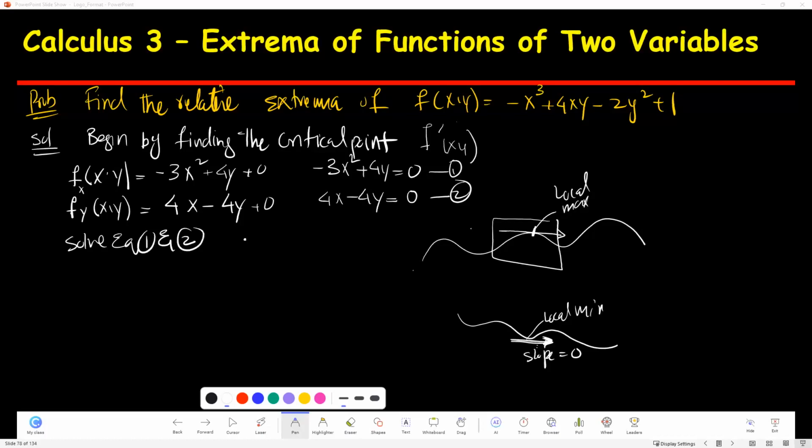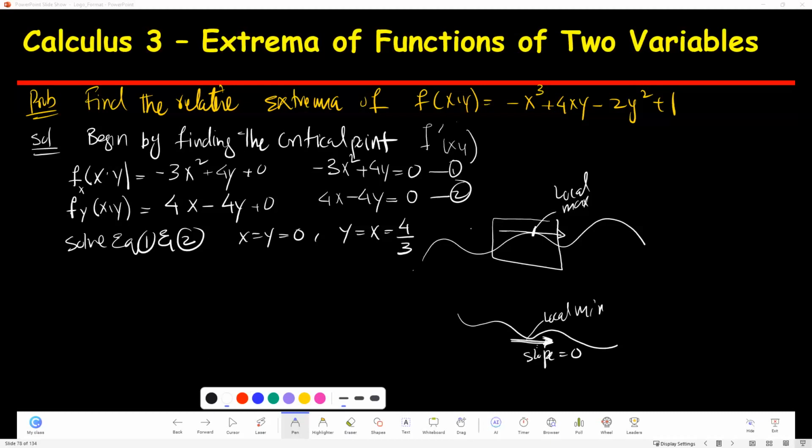I find x equals y equals 0, and x equals y equals 4 over 3. So that's my solution, these 2 points.